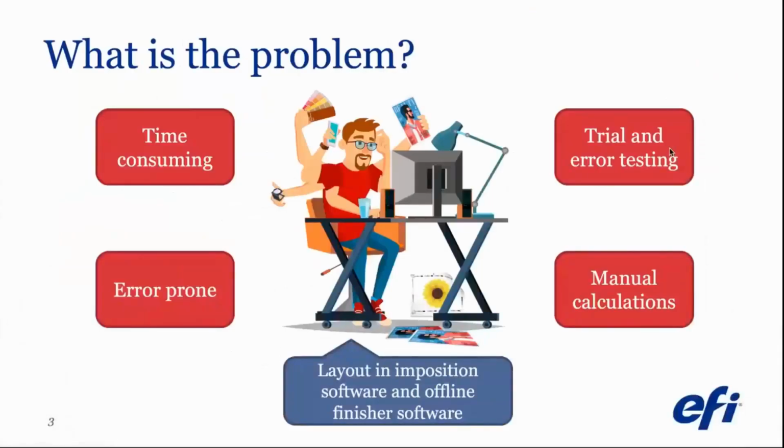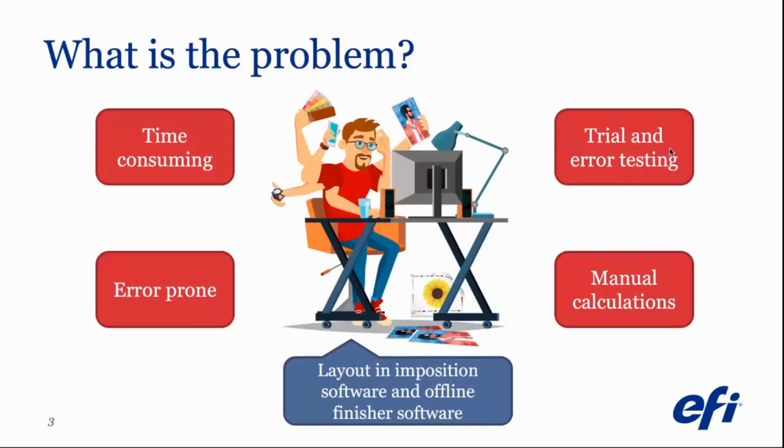Sounds good, Greg. Well, let's look at a scenario where an operator needs to produce a business card job. He receives the PDF job. He first needs to create a layout in an imposition software and then replicate that layout in an offline finisher's controller software. This process can be time-consuming and error-prone because the two systems work differently for setting up layouts.